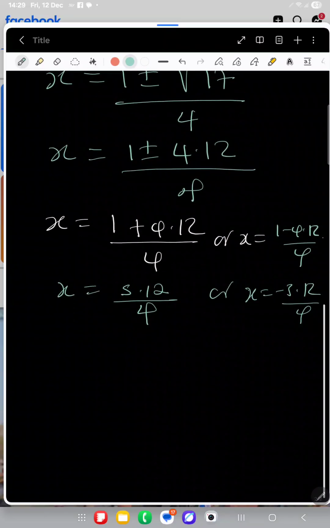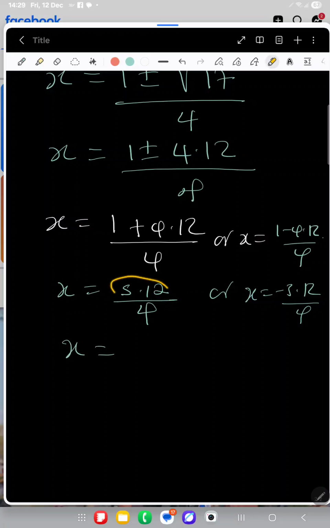Okay, so from there you now divide. You have x is equal to what here? x is equal to 5.12 divided by 4, and then x is equal to negative 3.12 divided by 4. That's what we are going to do. So we have 5.12 divided by 4. We are going to get 1.28. So our final answer is 1.28, like that.